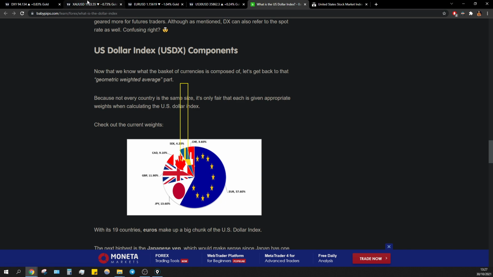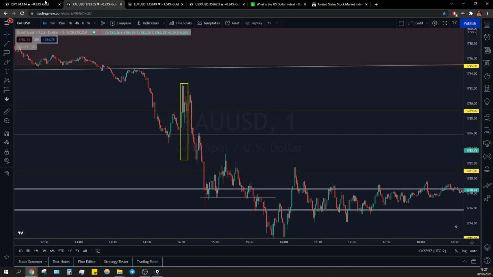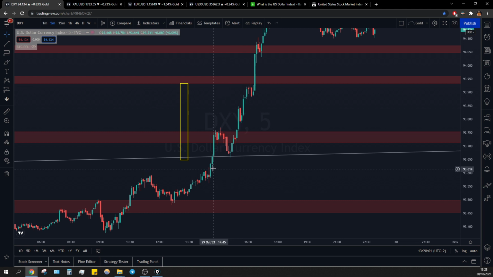There is no gold in this basket of the DXY, but we have this information that says all other currencies are weak against the dollar. This means the dollar is stronger than most of the currencies.